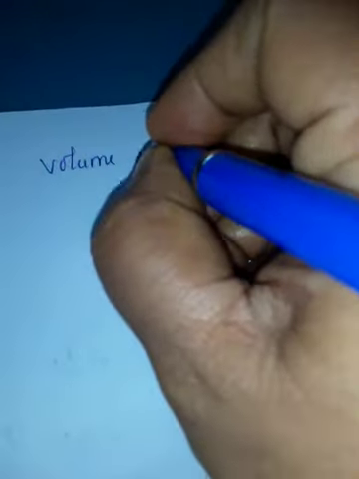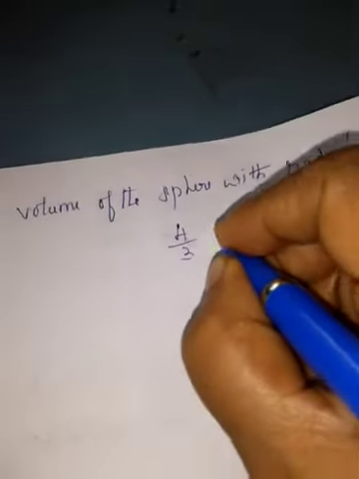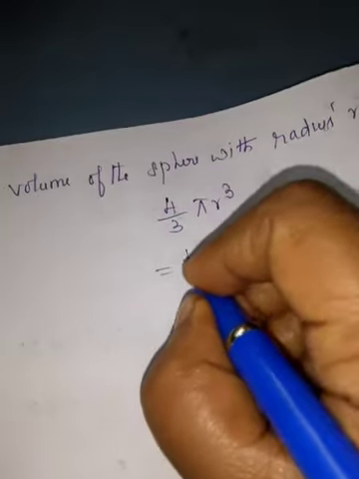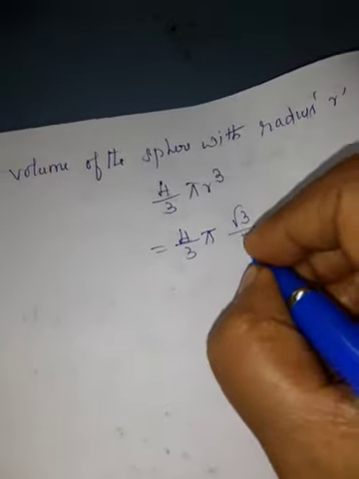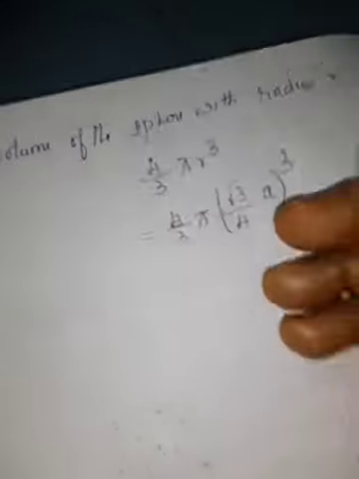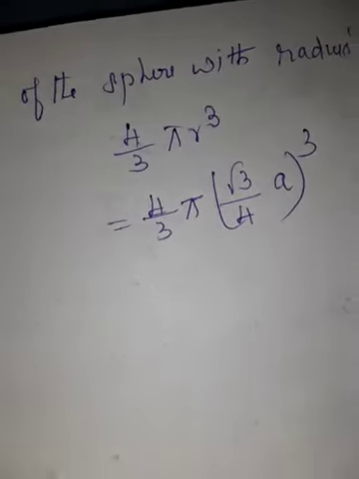Now the volume of the sphere with radius r. Already we have learned that formula, that is 4 by 3 pi r cube, with r value root 3 by 4 into a, the whole cube.